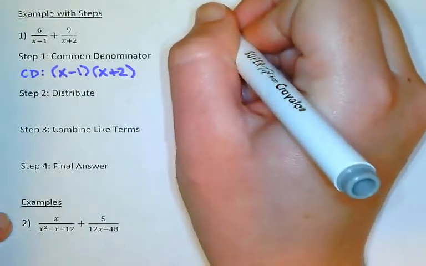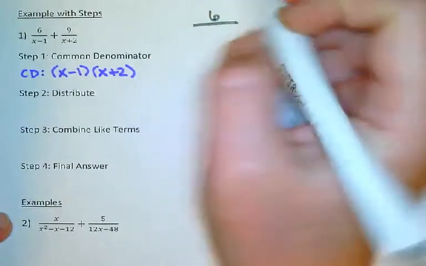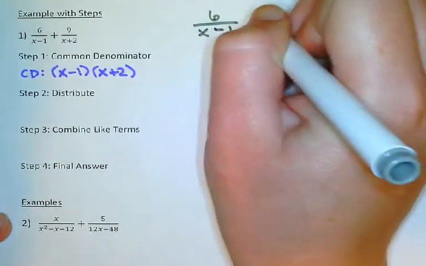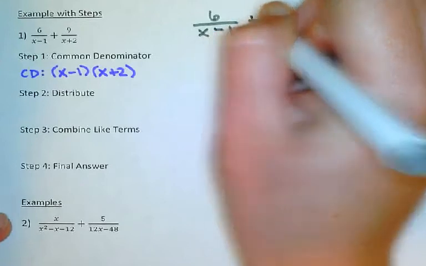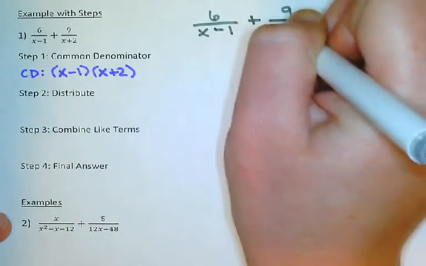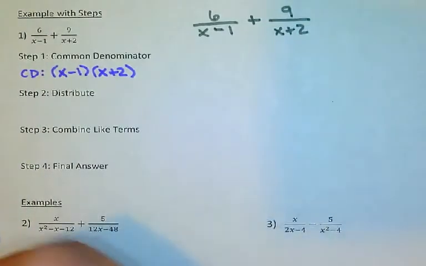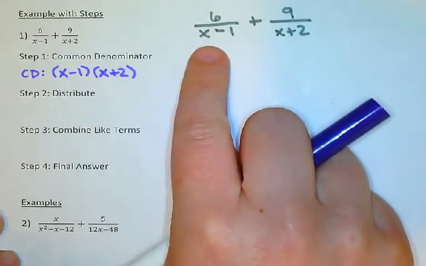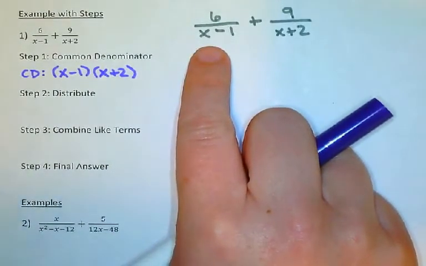So our initial problem is this, I'll write it way up here, because sometimes we need a little bit more space. 6 over x minus 1 plus 9 over x plus 2. Alright. What is our first denominator missing? It's missing the x plus 2.